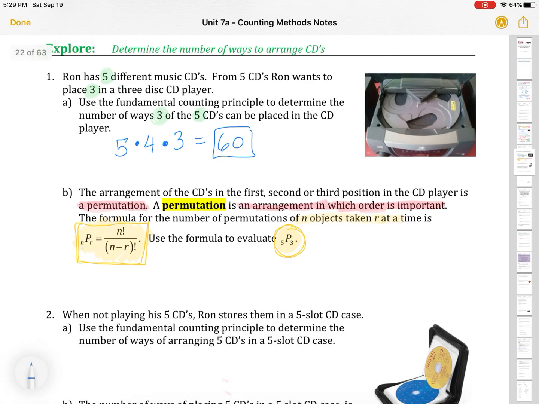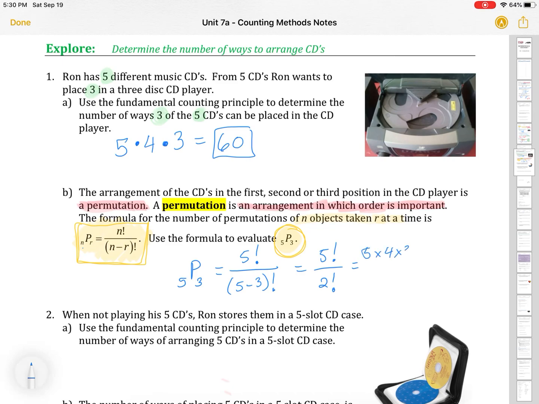What does this mean? Well, let's write it out in terms of our factorial notation. The number of objects is 5, and the r at a time is 3, because we have 3 possibilities. Looking at our formula, our first number is our n, so 5 factorial over, and in the brackets below, 5 minus 3 factorial.